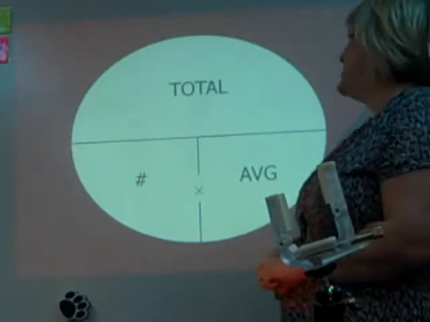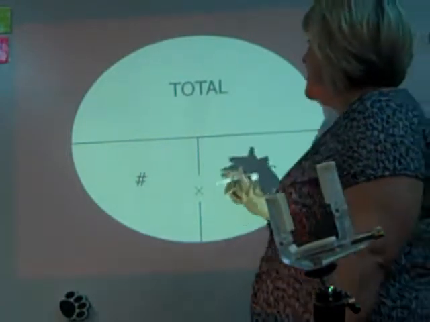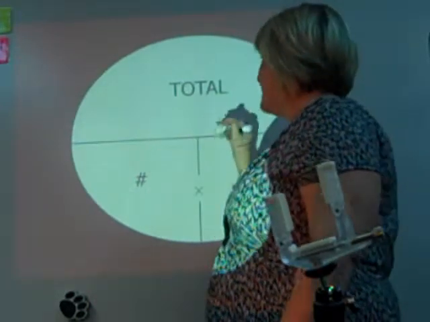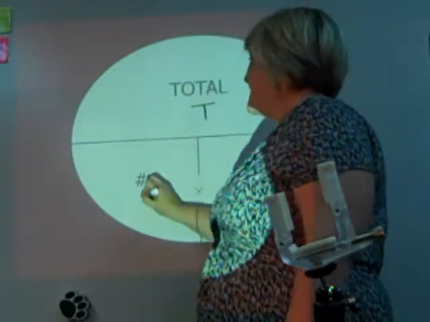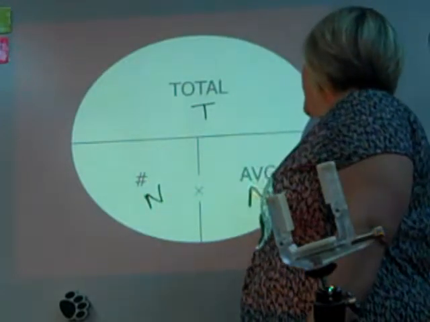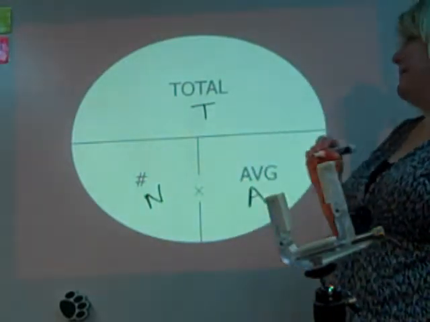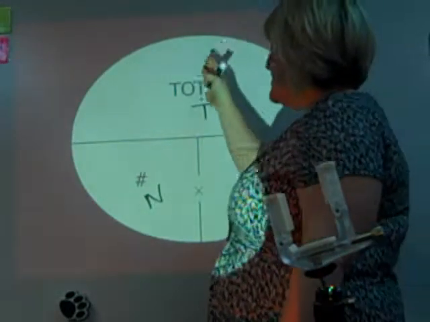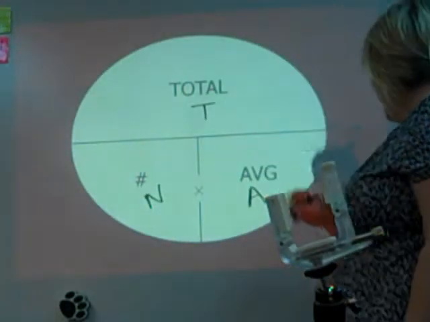When I used to teach this for the Princeton Review, and we weren't associated with school, and we could be a little bit more risque, we called this the T and A circle. And if you don't know what T and A is, somebody can explain it, but it might help you remember the total number average circle a little bit better.